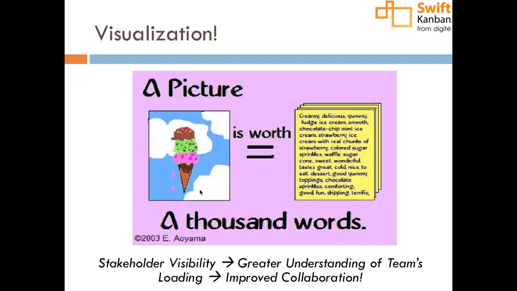not have earlier. And as a result of that visibility, they are able to get a far greater level of understanding of what the team's work is, what their current loading is, and that clearly gives them, I would say, unprecedented levels of collaboration that they did not experience till now.